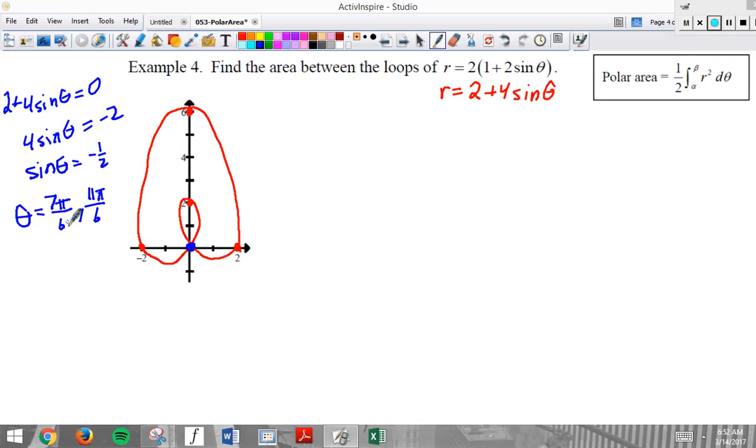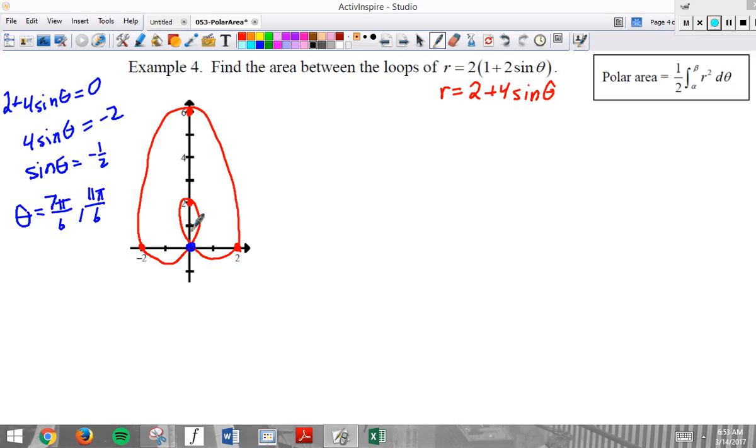Okay, so the idea this time is to sort of figure out all of the, I don't know, what color to use. Black. And again, I'm only going to focus on half of it. So as theta goes from pi over 2 to 7 pi over 6, let's focus on that really quick.